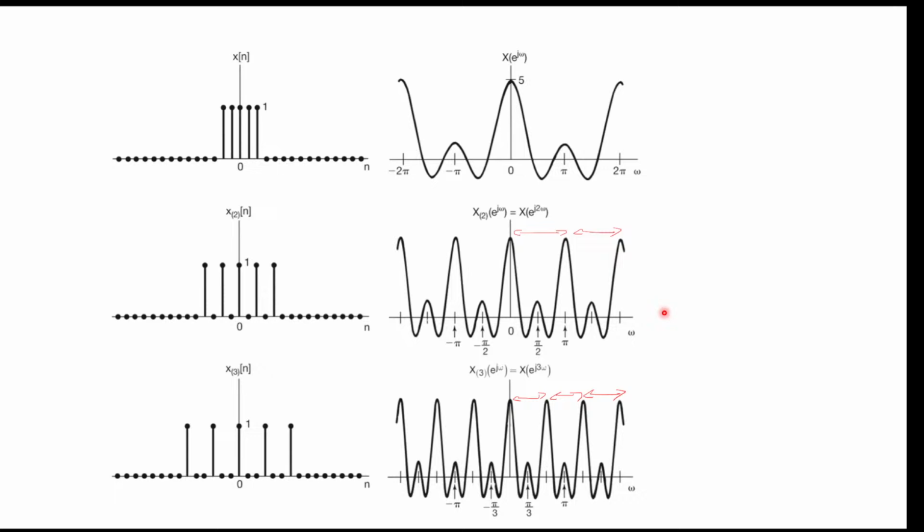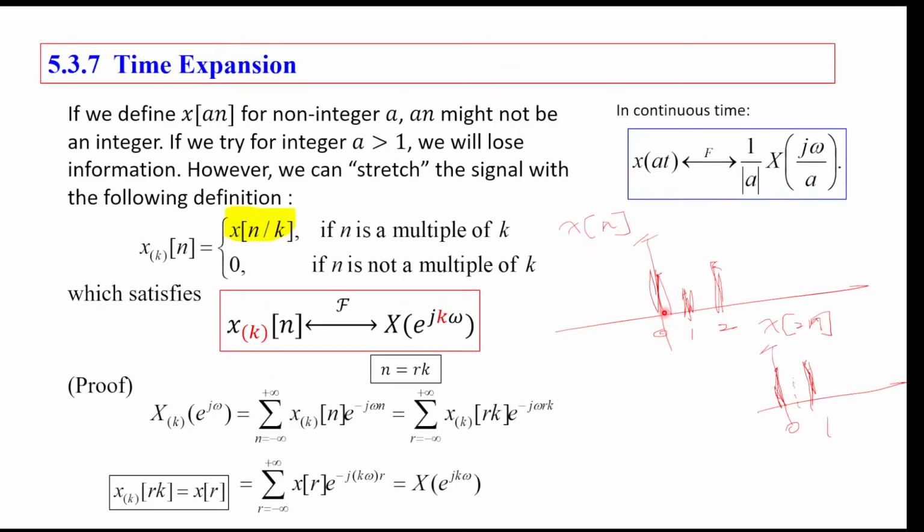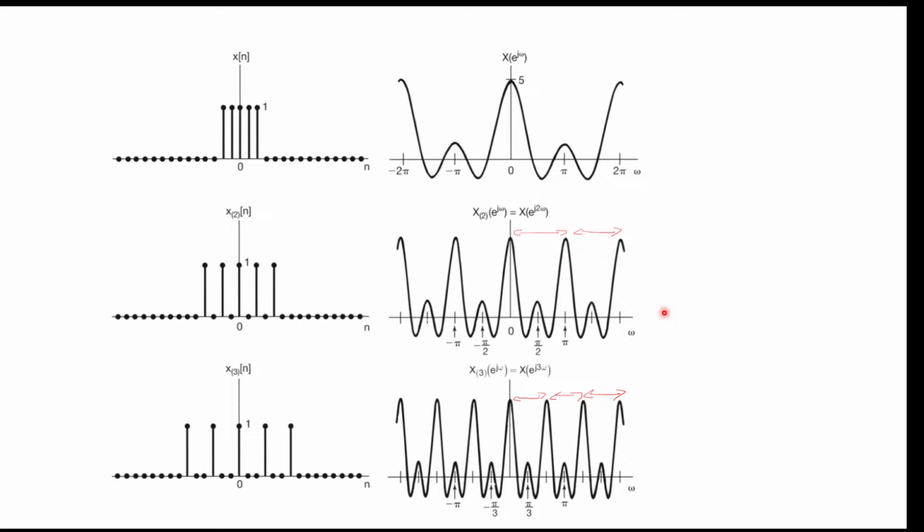let's go back to this example of time expansion. Here we have our signal, which is a block signal between -2 and 2, and we had before that its frequency domain will be the sine over sine function.